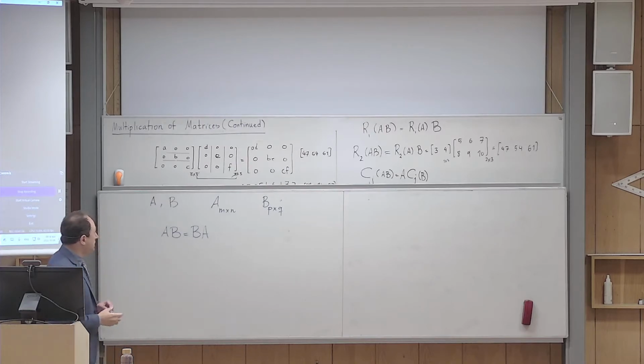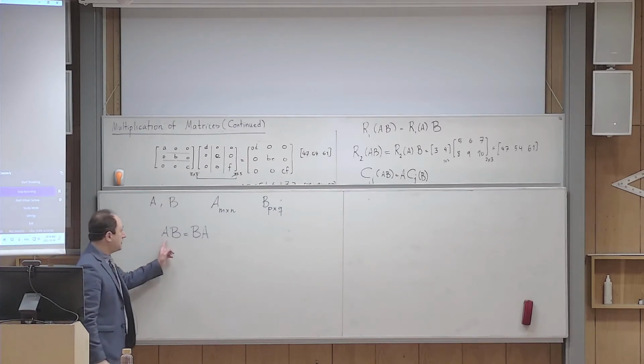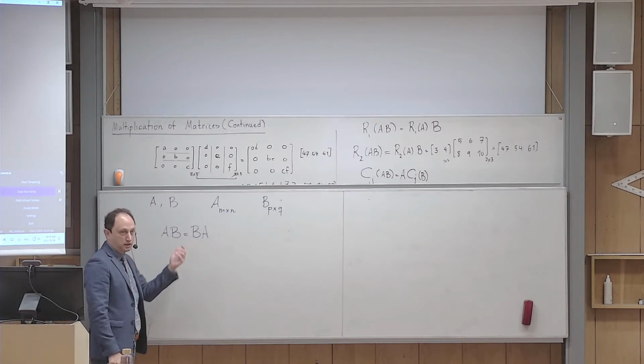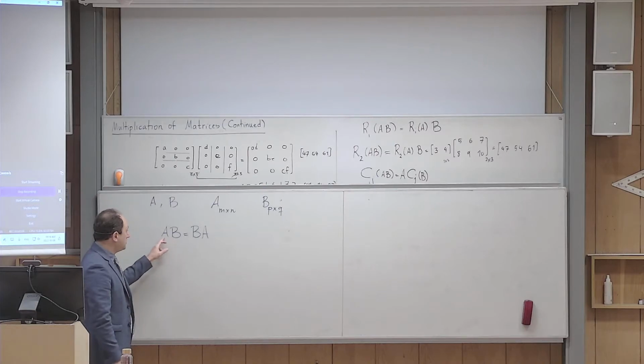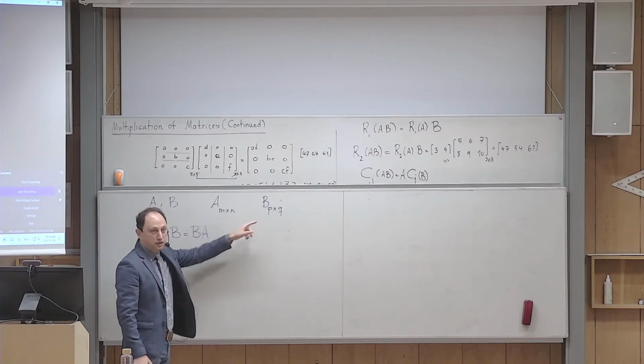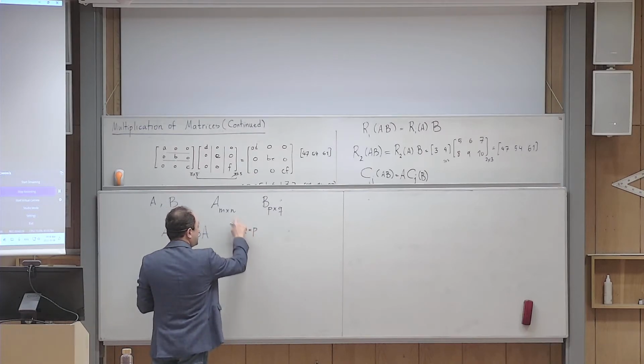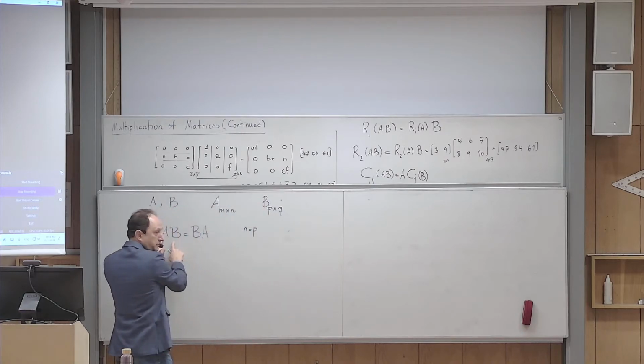When you say that these matrices are commuting, AB is a matrix which is equal to the matrix BA. First of all, because AB should be defined, n has to be equal to p. If n is not equal to p, A times B is not defined in the first place.